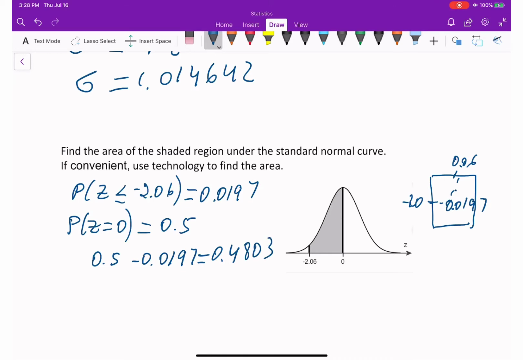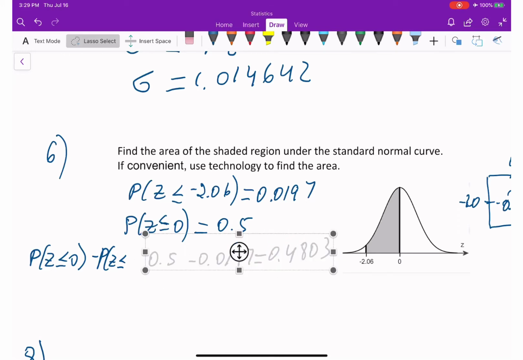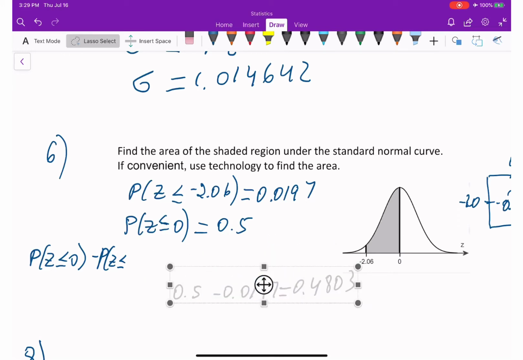So what we are doing here, practically, the probability of z-score less than or equal to 0, minus the probability of z-score less than or equal to negative 2.06, is equal to 0.4803, and you round based on the requirement.